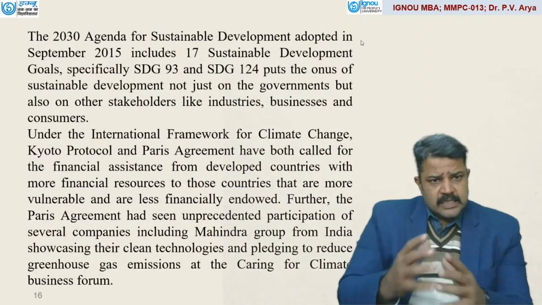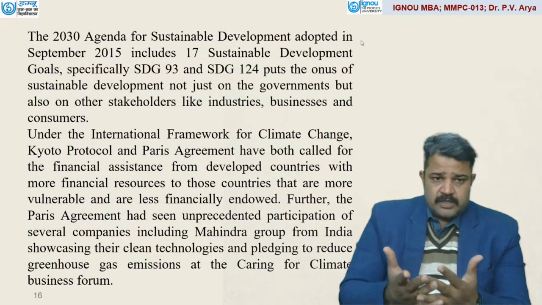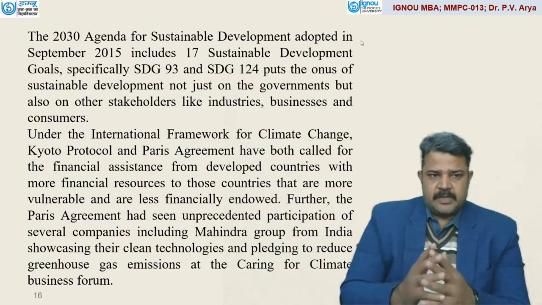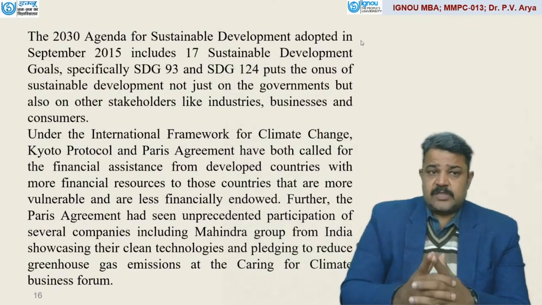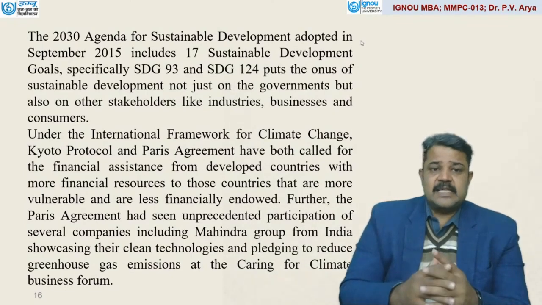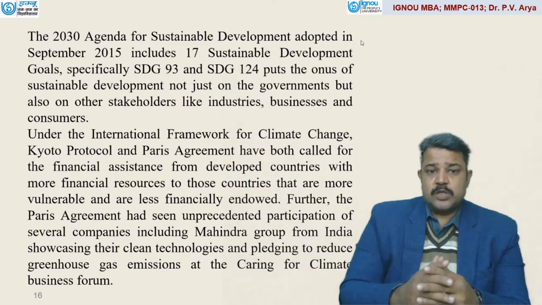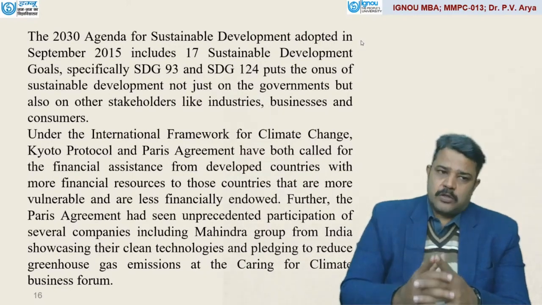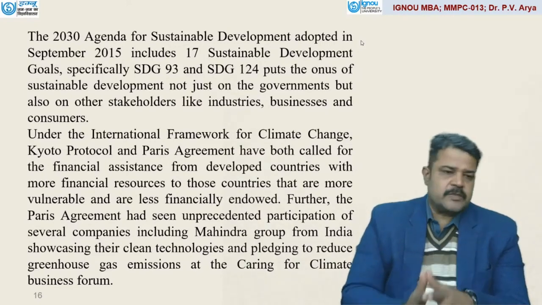Well, in this context itself, the 2030 Agenda for SDGs, that is Sustainable Development Goals, adopted in 2015, includes 17 Sustainable Development Goals. SDG 9 and SDG 12 put the onus of sustainable development not just on governments, but also on other stakeholders like industries, businesses, and consumers.